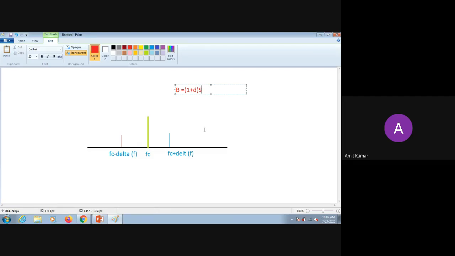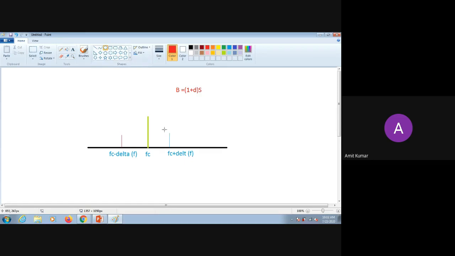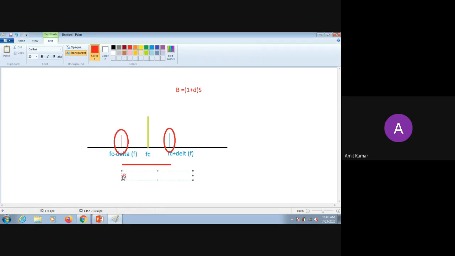Then if this is one ASK signal and this is another ASK signal, both are separated by this frequency. If you want to calculate this bandwidth, it will be (Fc plus delta F) minus (Fc minus delta F), both in brackets.